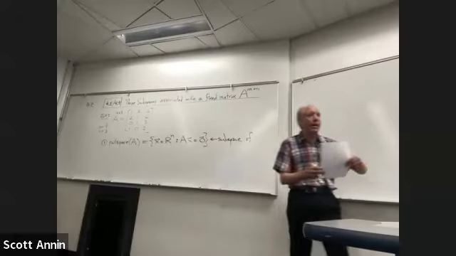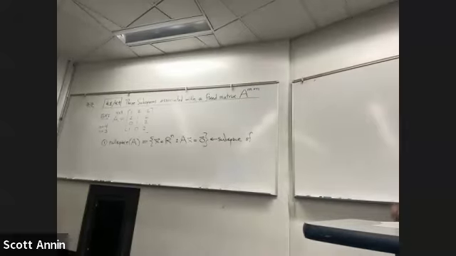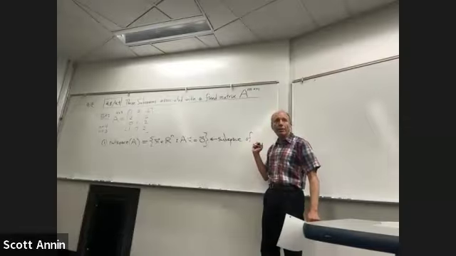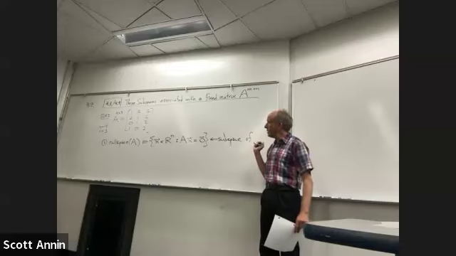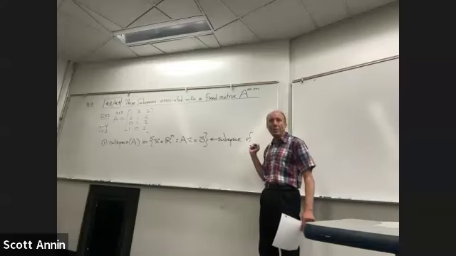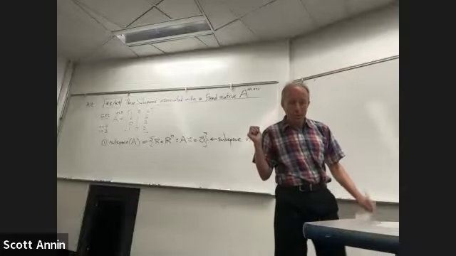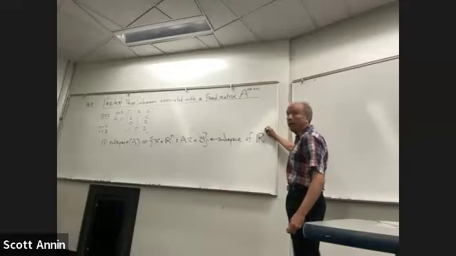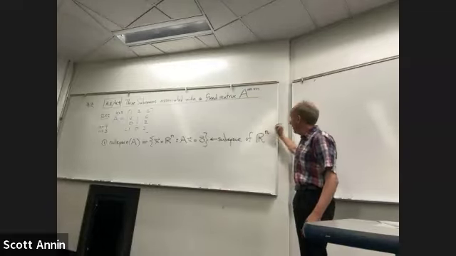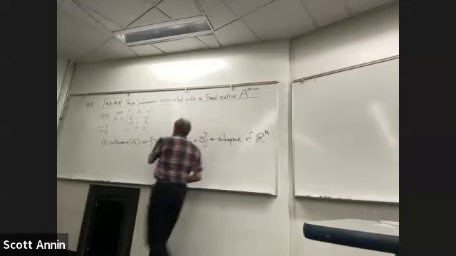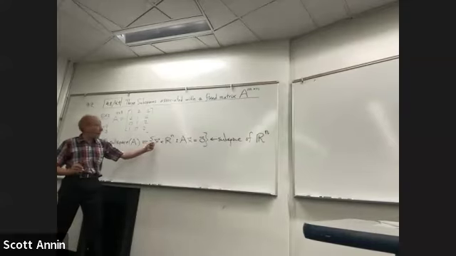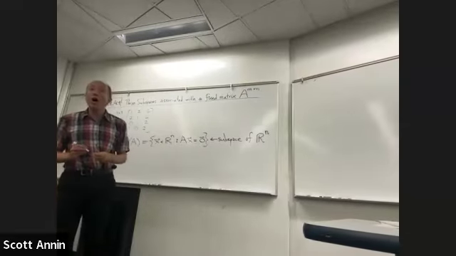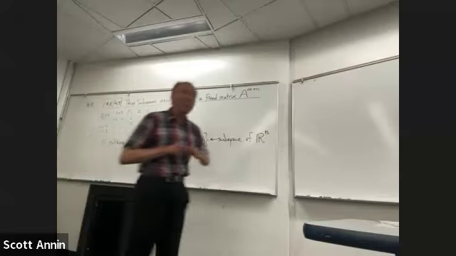We always have to clarify what's the big universe that we are looking at to have a subspace of. Can somebody tell me? The null space is a subspace of what vector space? It's on the board already, guys. Rn. Exactly, Rn. The vectors that are in the set, they are vectors in Rn.